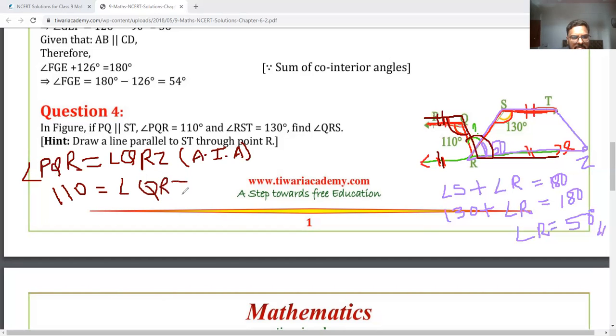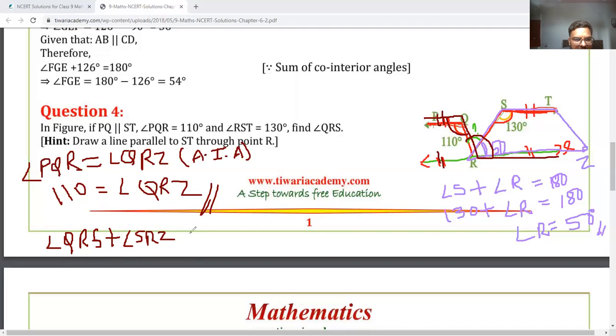Now, what we actually want to find out is QRS. For this, we can do it this way: angle QRS plus angle SRZ.